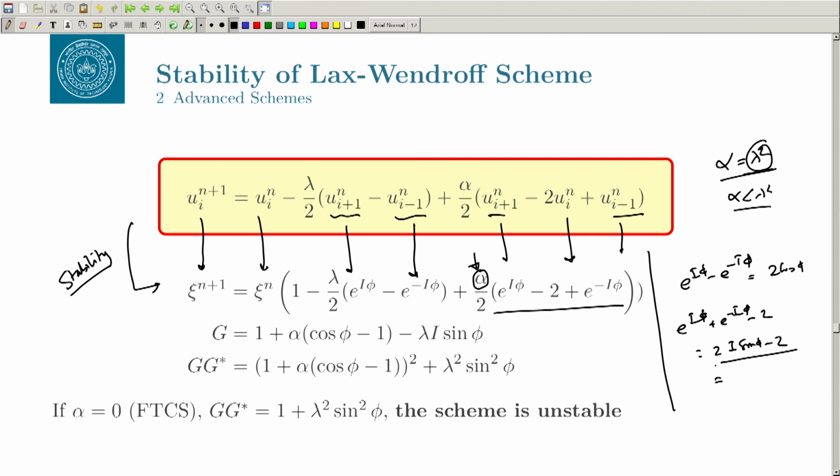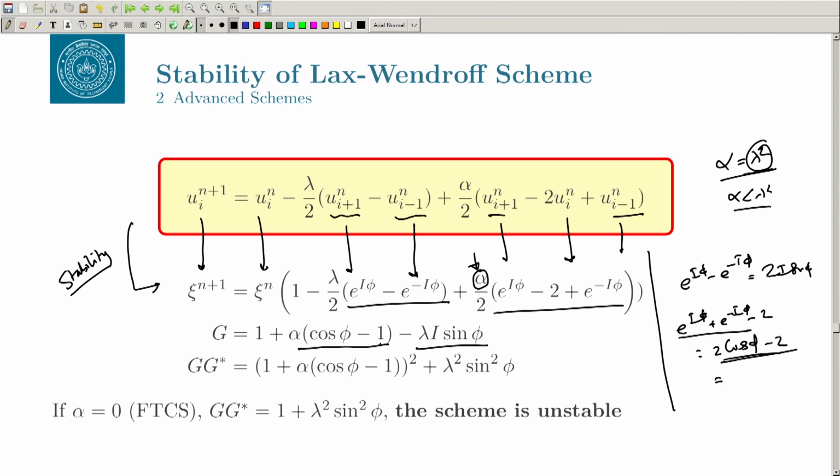You can multiply that with lambda, so this will become lambda i sin phi, and this is 2 cos phi minus 2, so that will become alpha (cos phi minus 1).